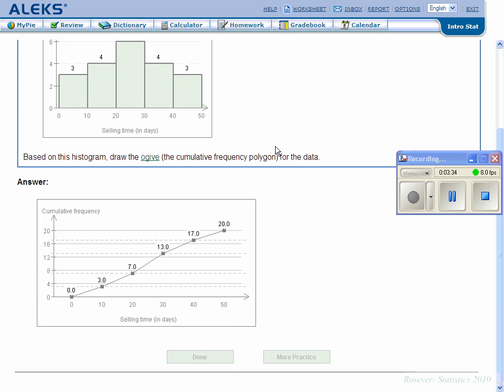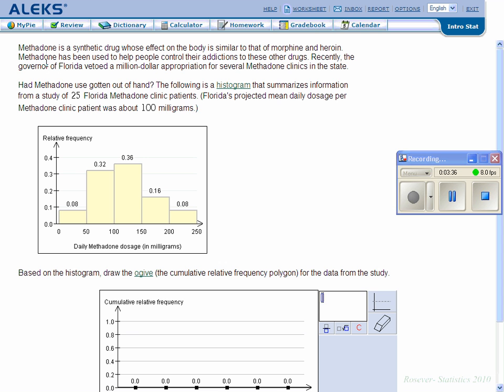Let's do more practice. All right, so methadone is a synthetic drug whose effect on the body is similar to that of morphine and heroin. Okay, I want you to note with me that we're talking about 25 methadone clinic patients who are studied, but this does not go from 0 to 25. It goes from 0 to 0.4.